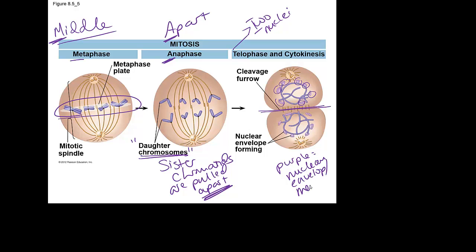Or that nuclear membrane we talked about before. So they're going to form two new nuclei, and when that occurs, this cleavage furrow, this split in the middle, is going to squeeze together and actually literally pinch these two cells apart as the plasma membrane touches in the middle.